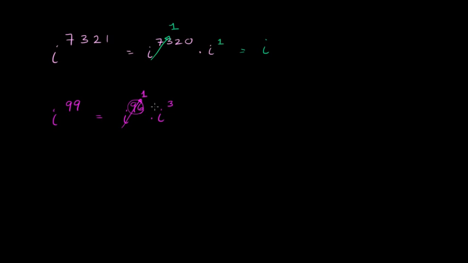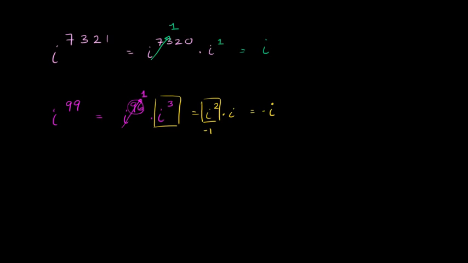And you could just remember that i to the third power is equal to negative i. Or if you forget that, you could say, look, this is the same thing as i squared times i. i squared, by definition, is equal to negative 1. So you have negative 1 times i, which is equal to negative i.